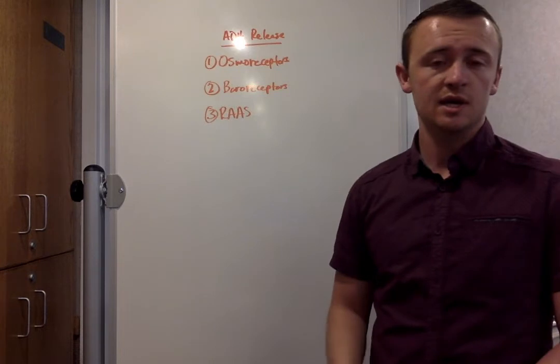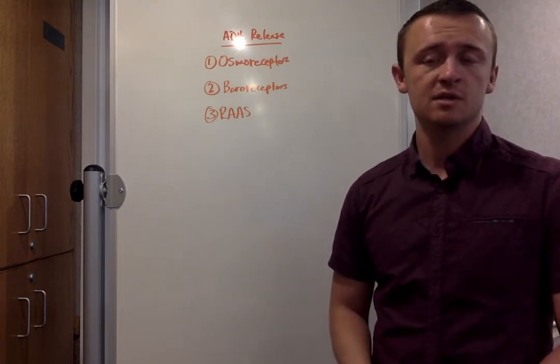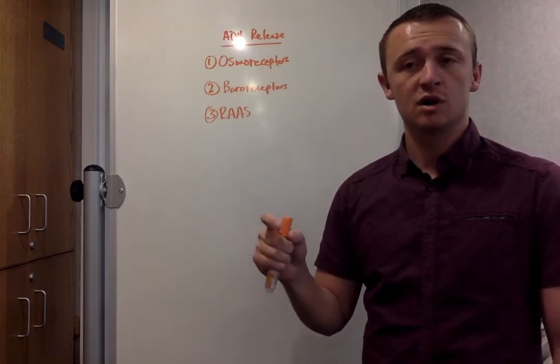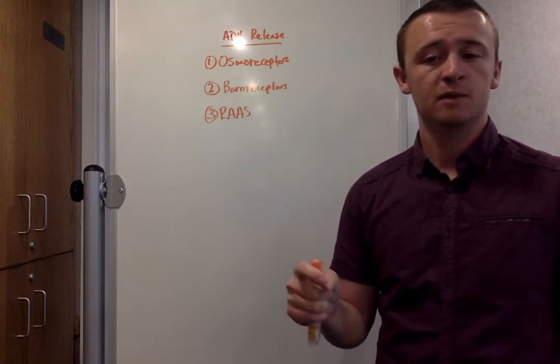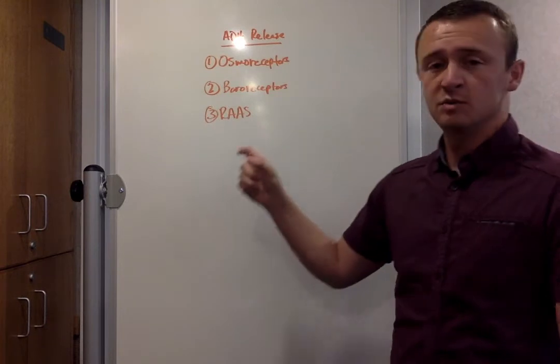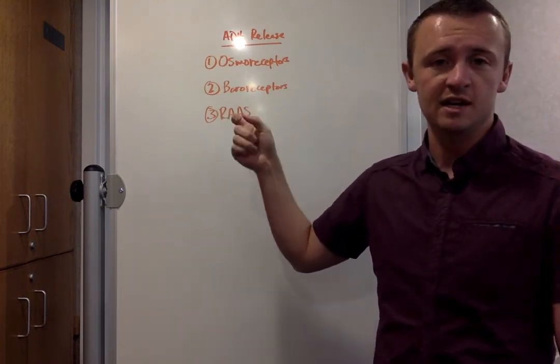The first one is from an osmoreceptor found in the hypothalamus. In the hypothalamus, we have the osmoreceptors, which are constantly monitoring the concentration, the blood osmolarity. So as we change osmolarity, we can change our release of ADH.